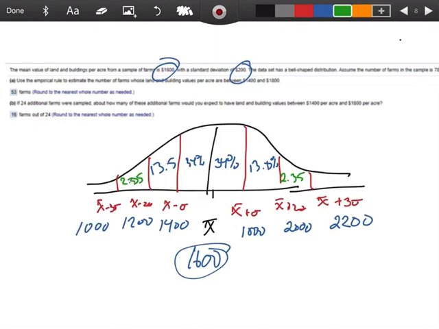So the question is saying, use the empirical rule to estimate the number of farms whose land and building values are between 1,400 and 1,800. Here's my 1,400, here's my 1,800. So 34 and 34 is 68%. So 68% of the number of farms we had, which was 78.